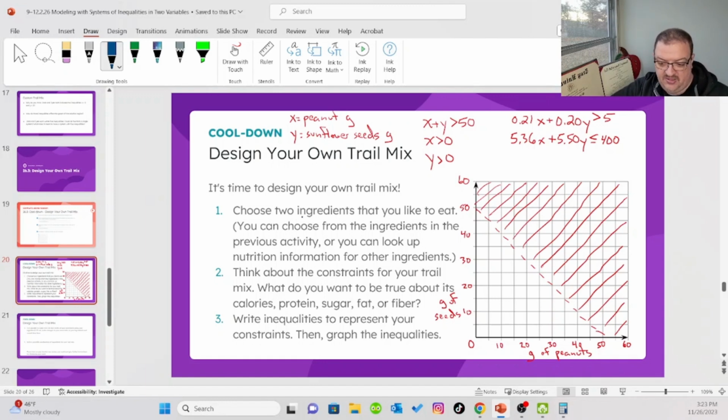That means that x would need to be greater than 5 divided by 0.21, which would be 23.8. And y would need to be greater than 5 divided by 0.2, which equals 25.